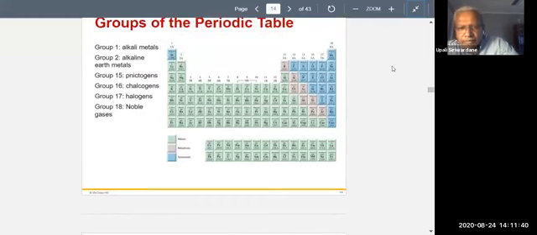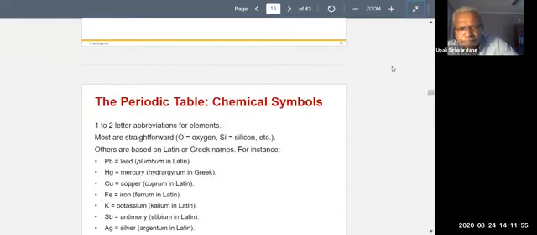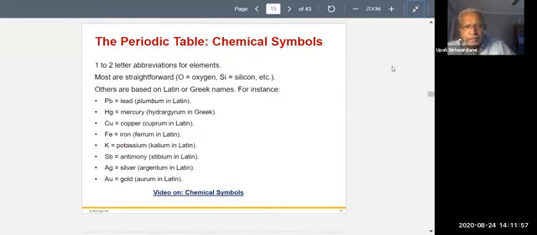Okay, the bottom row: lanthanide is the top row, and the actinide is the bottom row at the end of the periodic table. The periodic table has elements in each box, so they have abbreviations called chemical symbols.